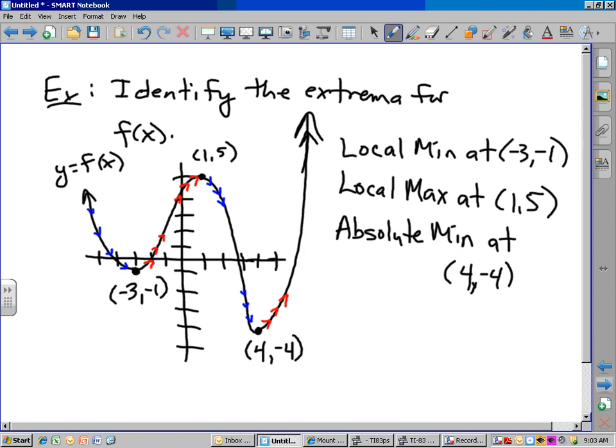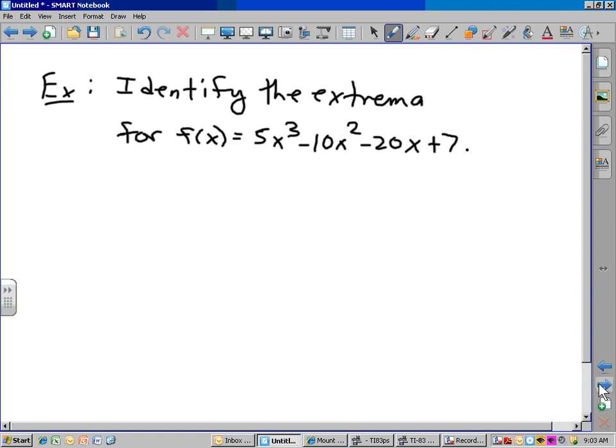Okay, next example. Identify the extrema for this function. The function is f of x equals 5x cubed minus 10x squared minus 20x plus 7. Now, extrema refers to max and mins.